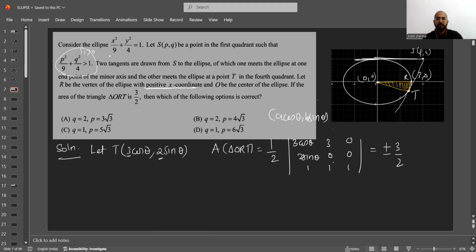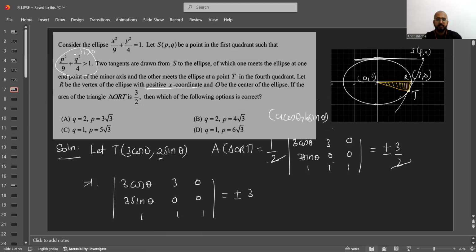Okay, what do we get? So from this, I'm going to have here the determinant. Wait, let me open this. So I'm going to have the determinant 3 cos theta, and here 2 sine theta, and then 3, 0, 0, 0, 1, 1, 1 is equal to plus or minus 3. So this 2 and this 2 get cancelled out.